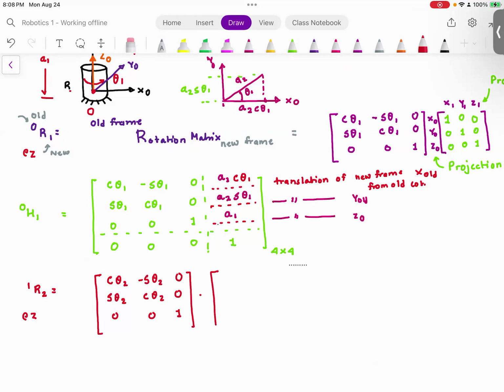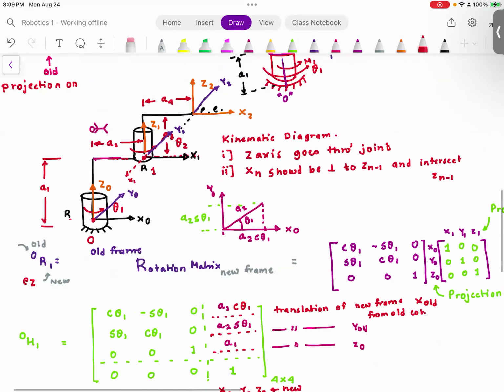Rotation matrix doesn't stay alone. Rotation matrix must be multiplied by the projection matrix. Projection of x2, y2, z2. Why? This is the new frame. And projection of x1, y1, z1. So projection of x2, and I'm going to show you here.